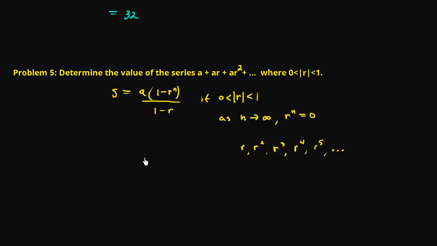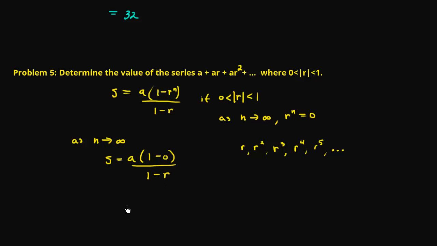So what that means is if we have an infinite number of terms, as n approaches infinity, we have that s is equal to a times 1 minus 0, all divided by 1 minus r.